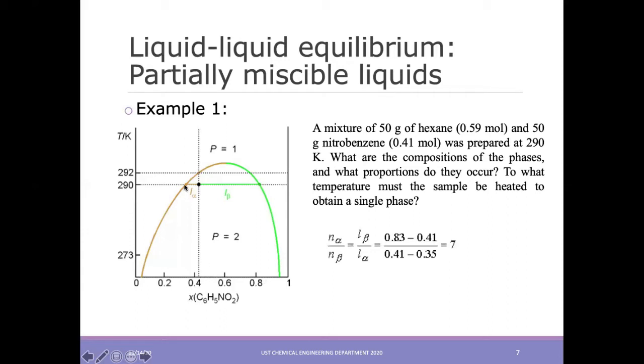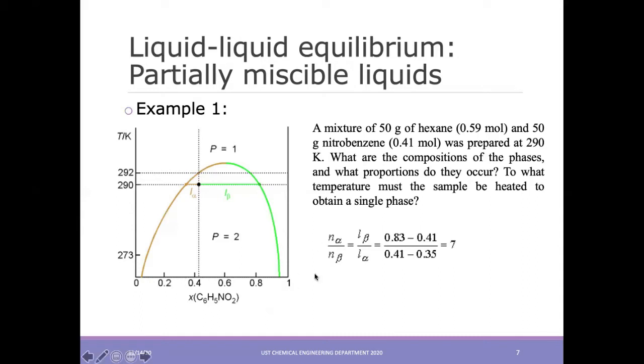The ratio of N alpha over N beta is equal to L beta over L alpha. L alpha is equal to 0.41, and if we extend this to the line and project this to x hexane-rich, it is 0.41 minus 0.35.